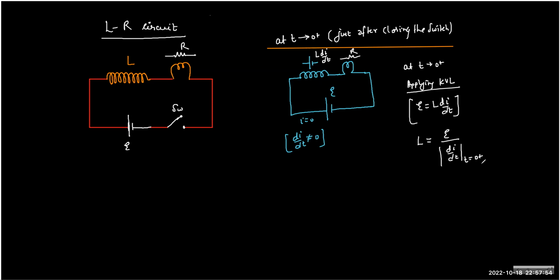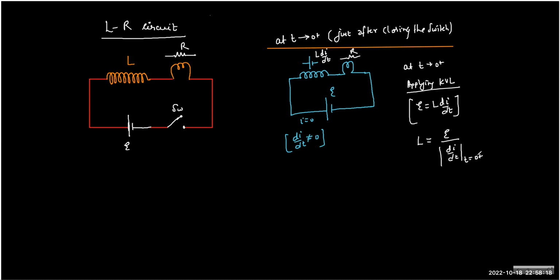So in the examination, they will give you that at t equals 0 plus, the current is changing at a rate of 2 ampere per second, or maybe 0.2 ampere per second. And if the applied EMF is 5 volt, find the self-inductance of the loop or the inductor. So that question can be asked.